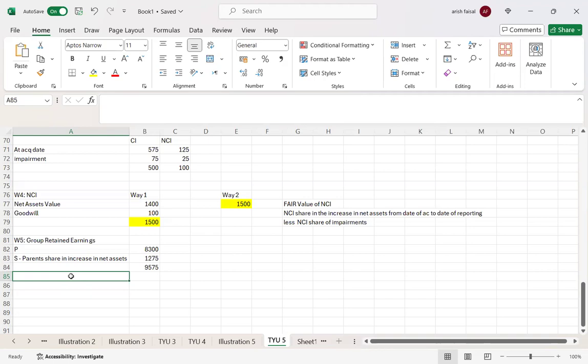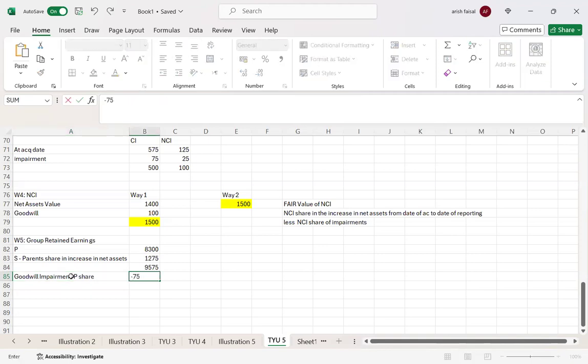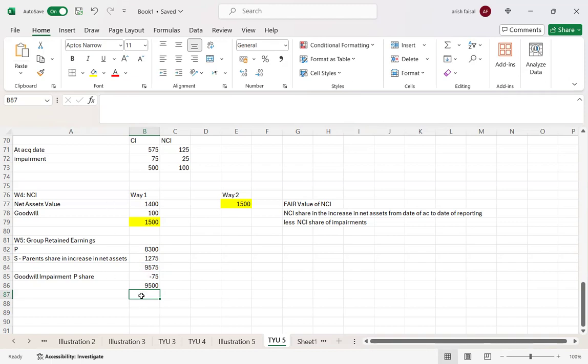But in this case, you just have the goodwill impairment, the parent's share, which is 75. So I'm going to write negative 75, and this gives 9,575 minus 75. So we get 9,500 as the final answer for the group retained earnings.